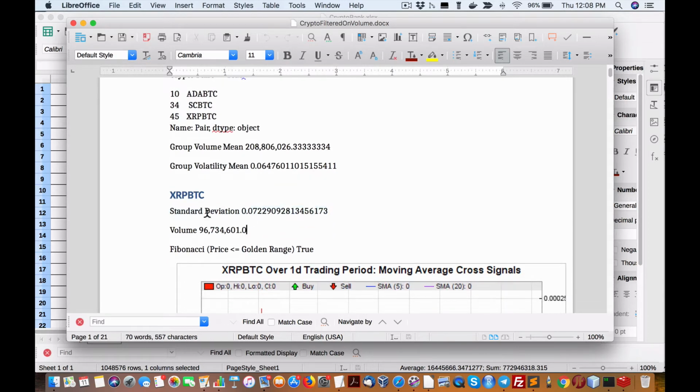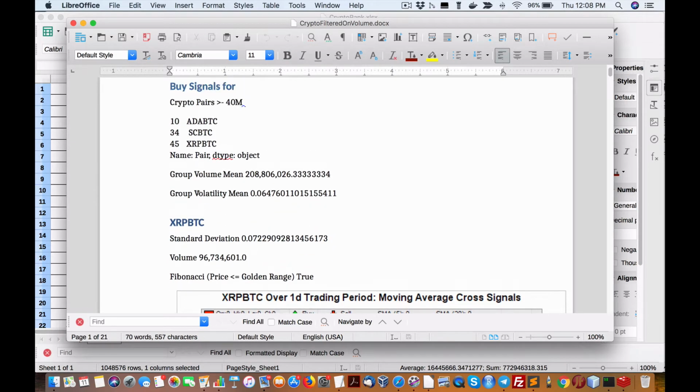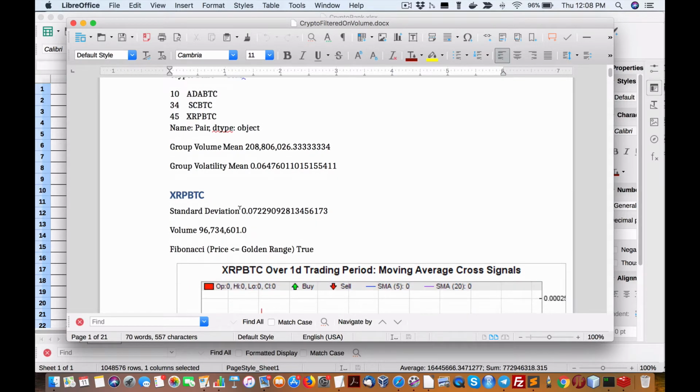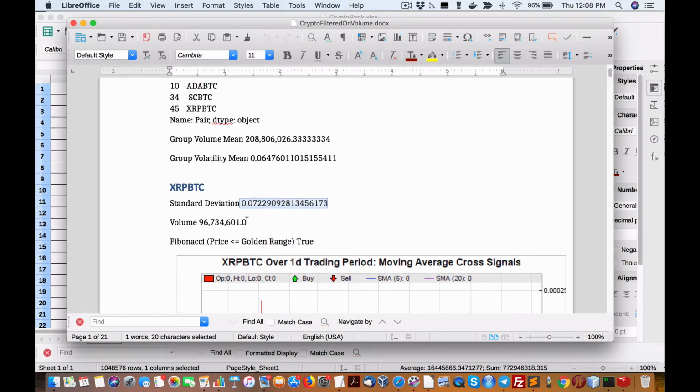So for instance here, XRP, BTC, and this is in order of potential. So here we can clearly see that the standard deviation, which is another statistical way of saying volatility, is higher than the group volatility. The mean, or sorry, the volume is pretty strong comparative to the group volume. So you can always do that.